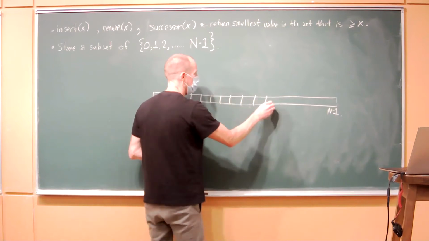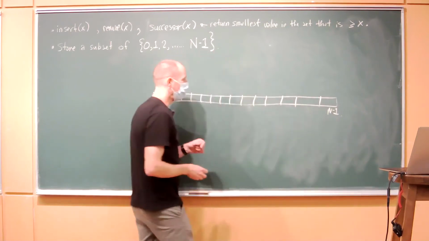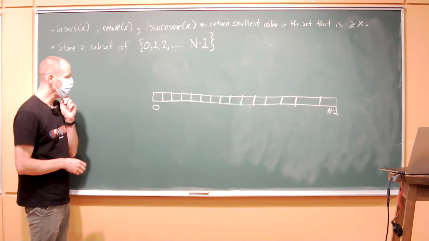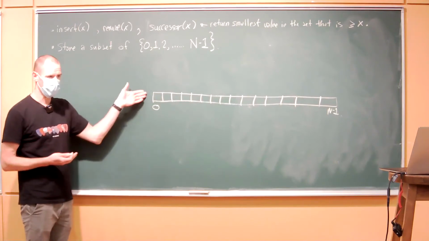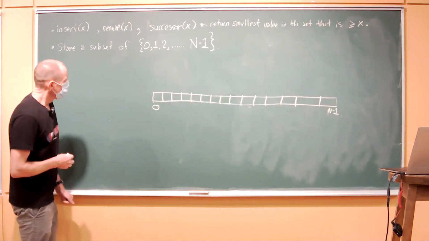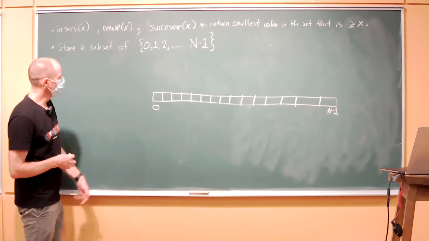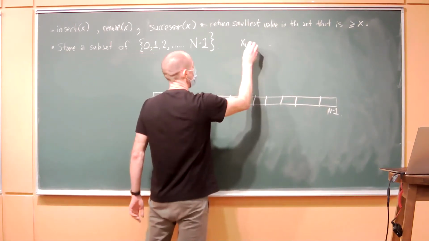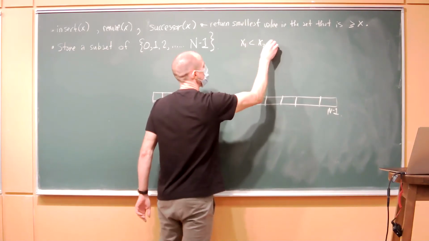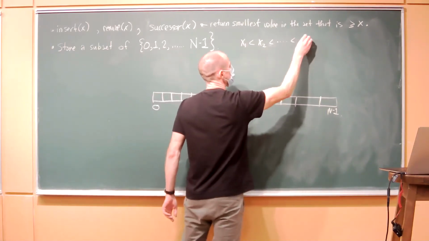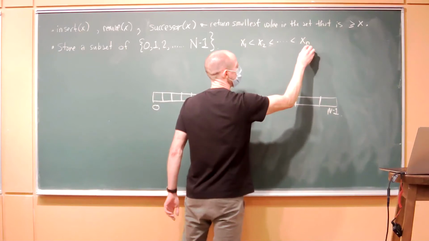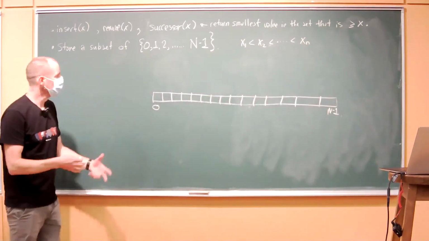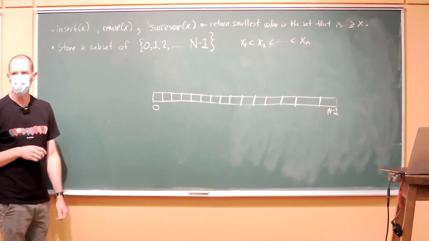And we have some elements that are in our set and some elements that are not in our set. So we can take, let's say our set is going to be x1, which is less than x2, which is less than so on, which is less than xn, little n now, so it's small compared to the size of the universe.